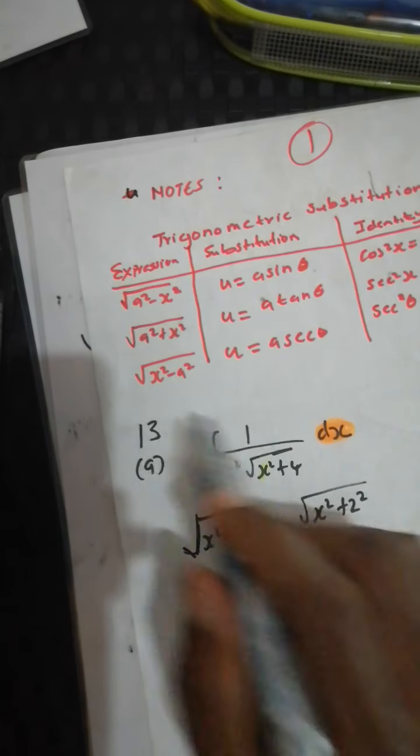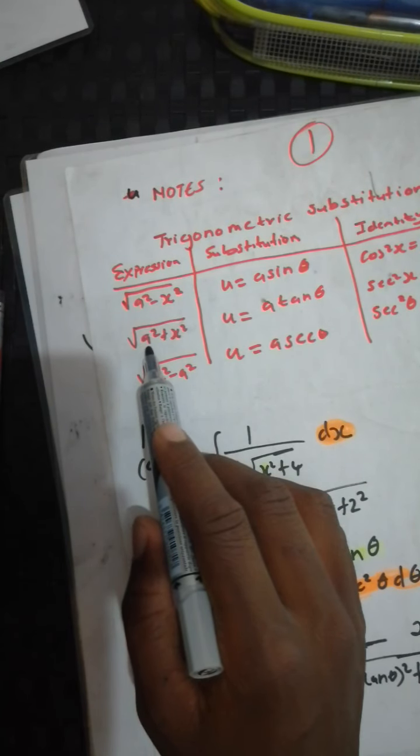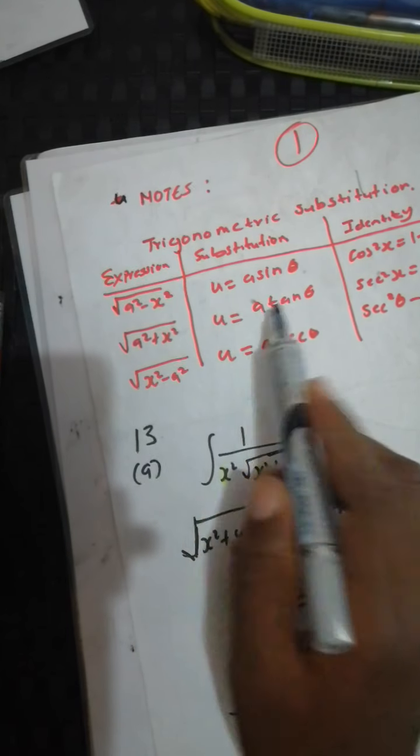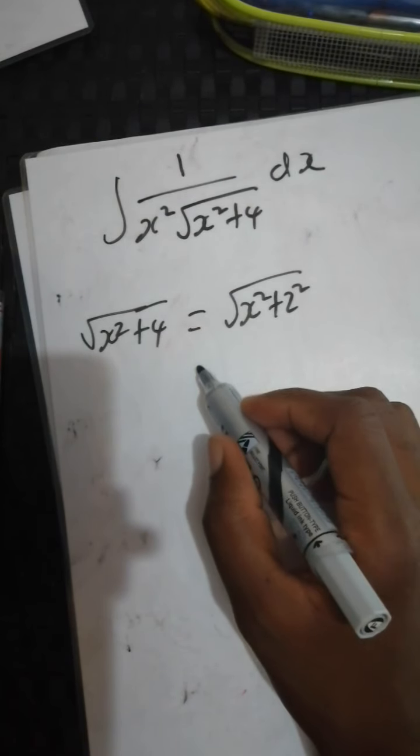Now this takes this form, where our a in this case is 2. It means that we have to use the substitution u equals a times tan theta. So let us do the substitution.